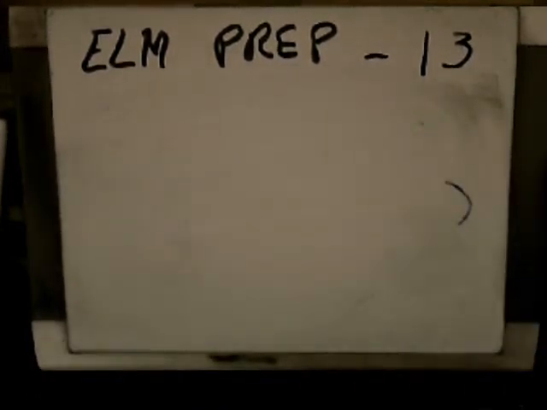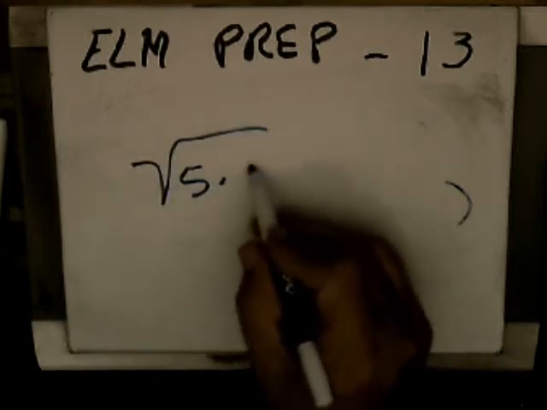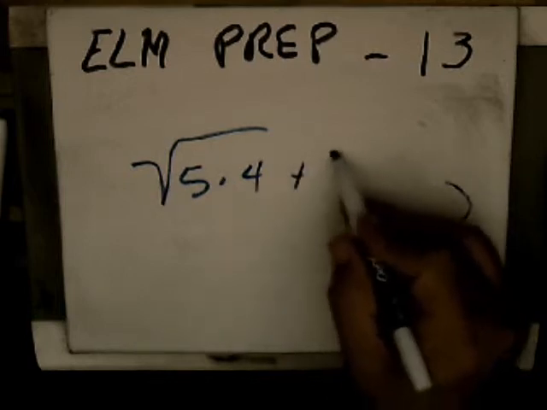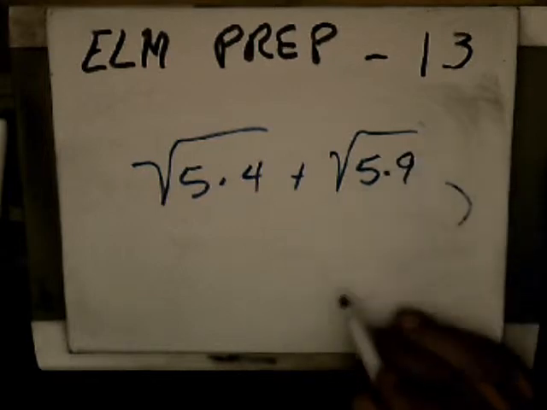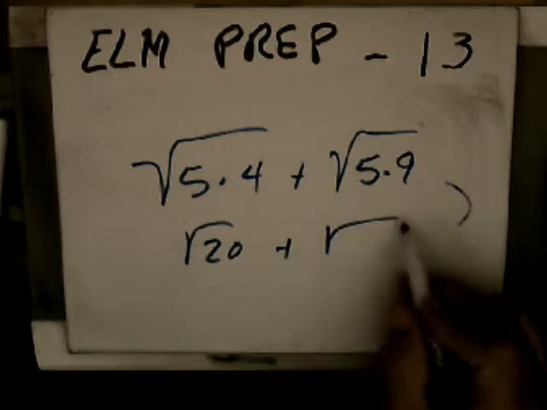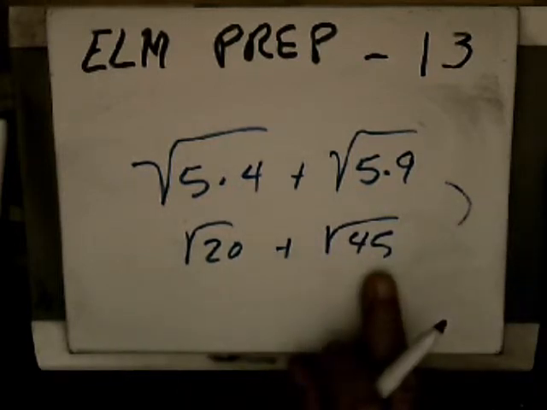That's probably one of the most common ones when you see them asking you to add or subtract radicals. You want to look at what's going on inside. Let's say that I had the square root of 5 times 4 plus the square root of 5 times 9, which would have been a square root of 20 plus the square root of 45. Initially I say, they're not going to work.